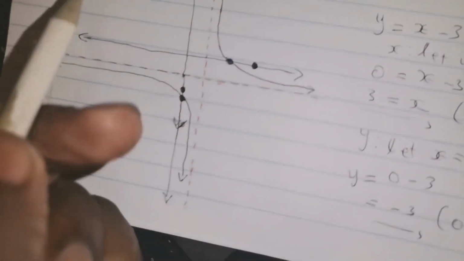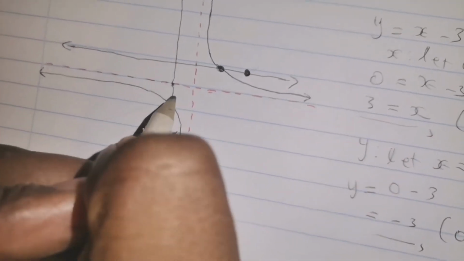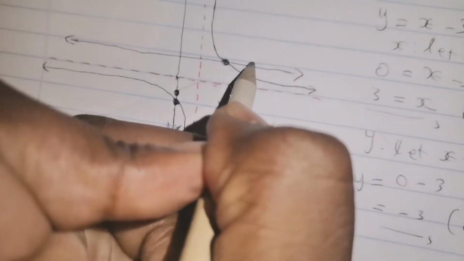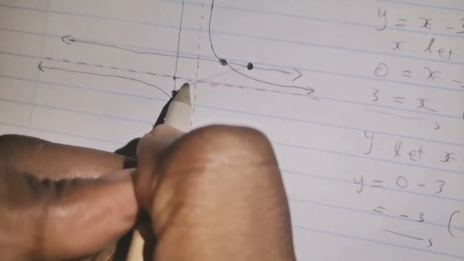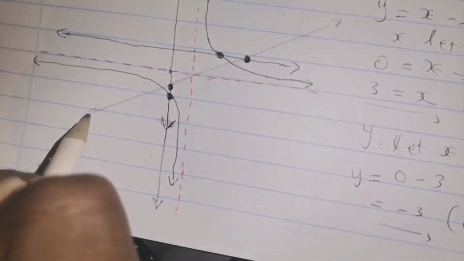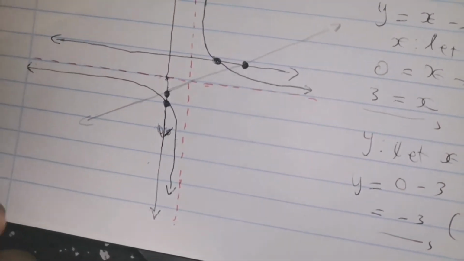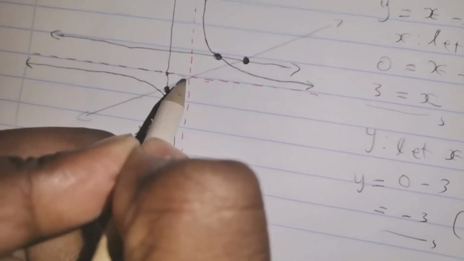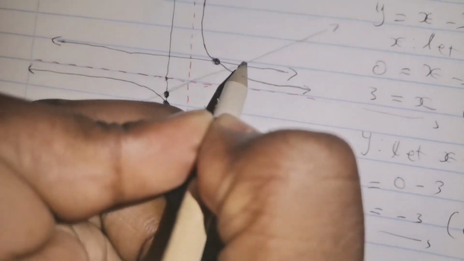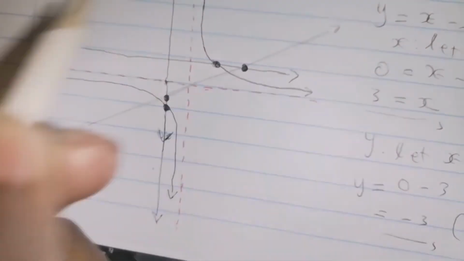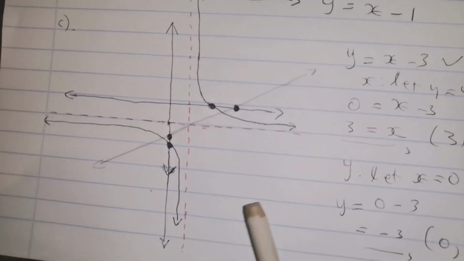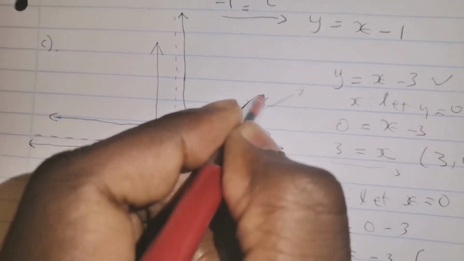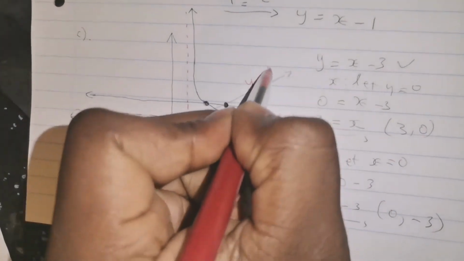Guys, I'm trying to join correctly. I see it, guys. So the graph will look like this. This one is y equals x minus 3.